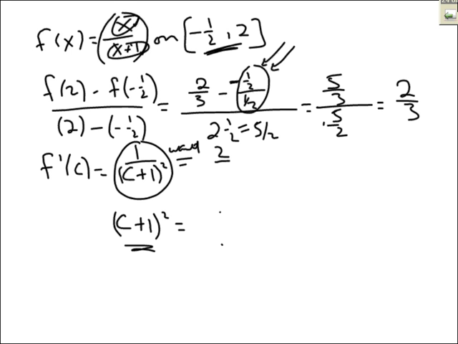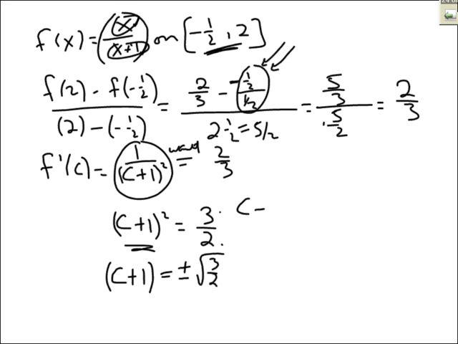So when you take the reciprocal of the left side, you get c plus 1 squared. Take the reciprocal of the right side, you get 3 over 2. Take the square root of both sides. What do you square to get 3 over 2? Plus or minus the square root of 3 over 2.